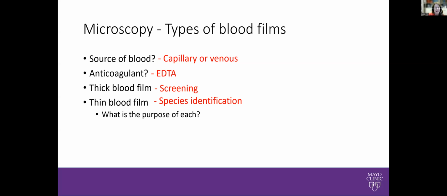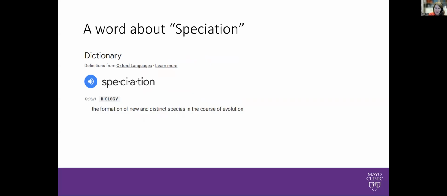Now, some of you may be thinking in your head, speciation, correct? Just a little public service announcement, a word about speciation. This is actually a widely overused word. Unfortunately, it's taught to us in medical school this way. It's incorrect, though, the way most of us use it.